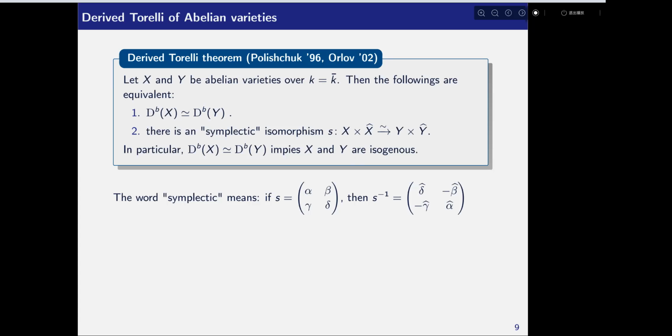And symplectic just means that the inverse is given by the dual.